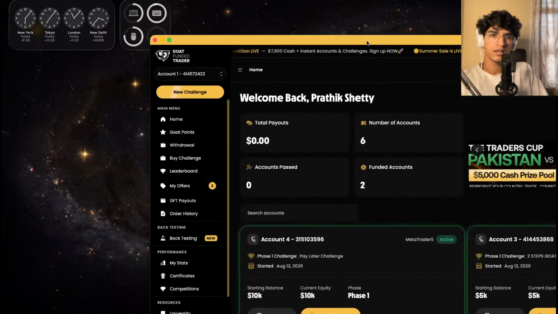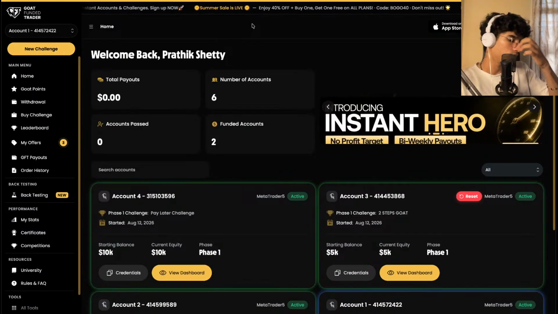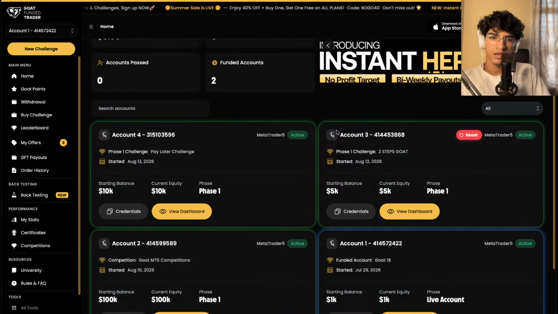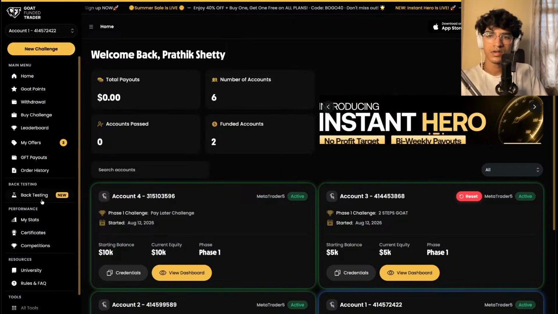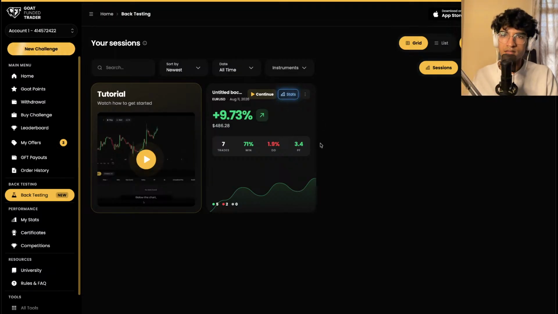We could have done it in TradingView, but in TradingView you cannot get any analysis, so we will do it here.